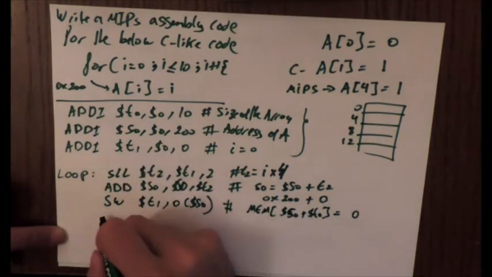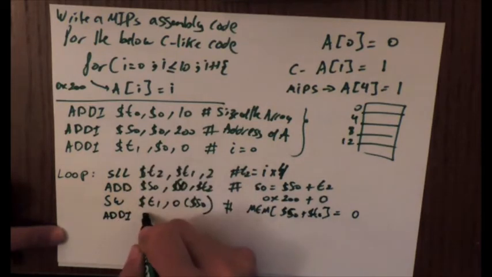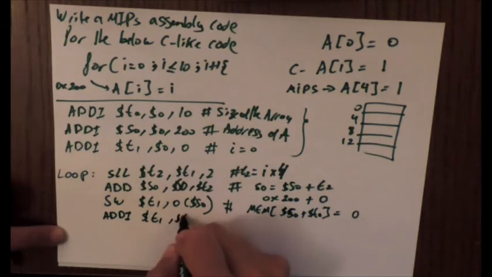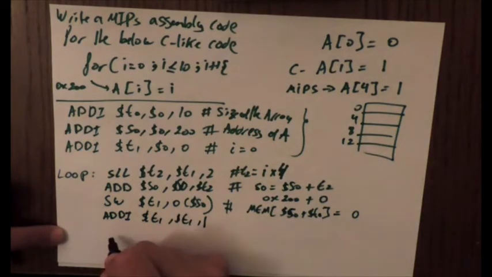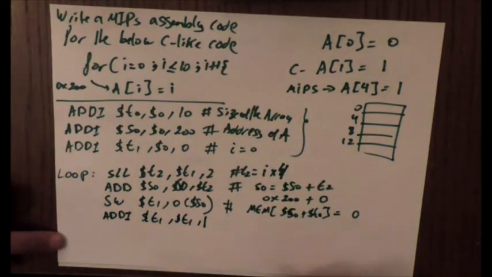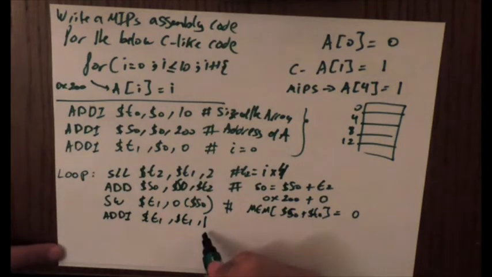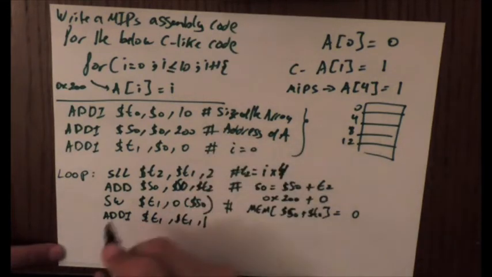Now I will increase my index with 1, and then when I reach 10 I need to exit the loop, right? So here after $t1 is equal 10, this will break.